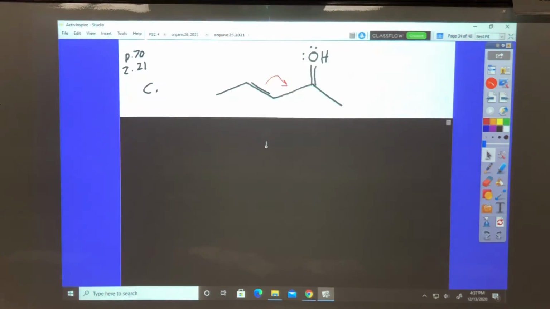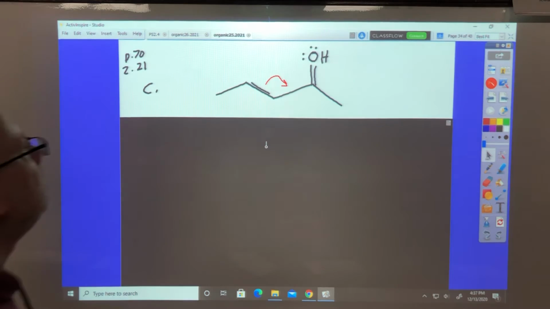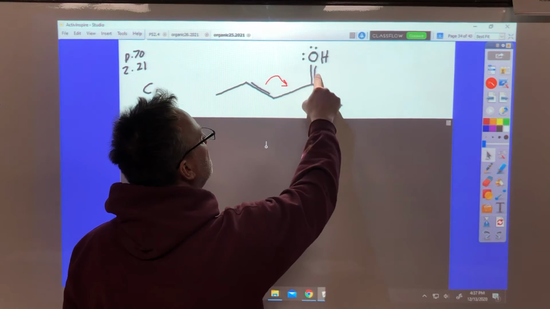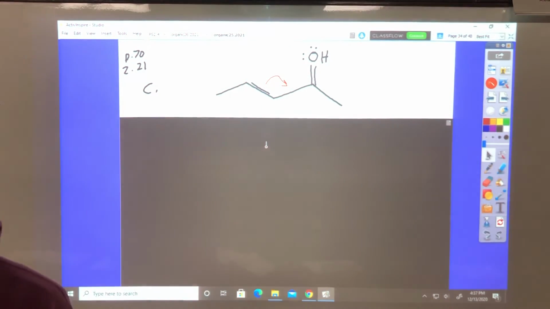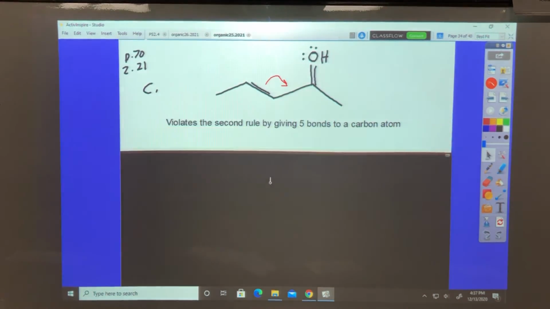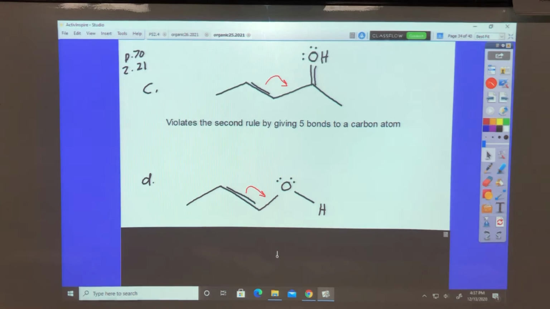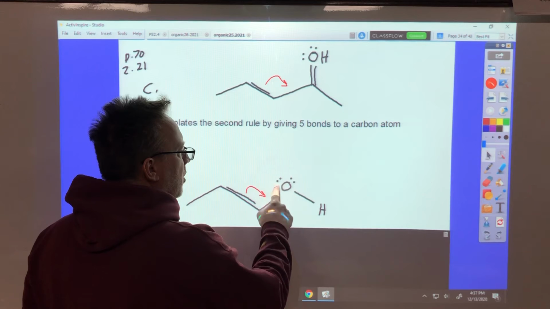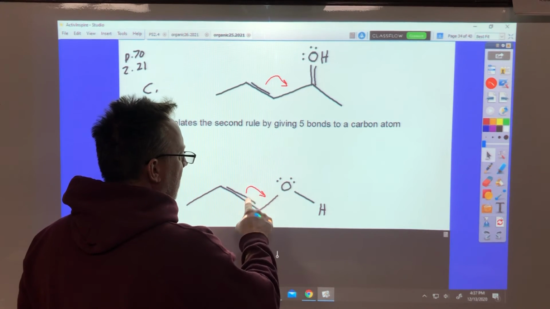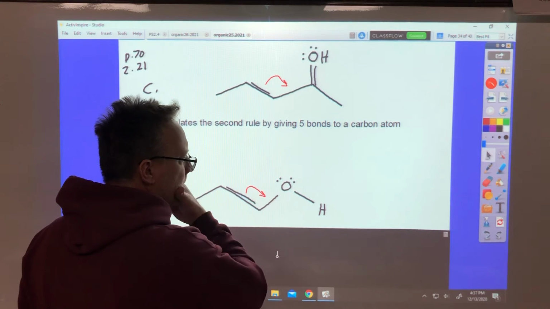Number C. Okay, I have right now on this carbon 1, 2, 3, 4 bonds. If I try to move that double bond in there to have 5, that's not going to work. Okay, what about this one? If I put that in there, I'd have too many bonds on my oxygen.